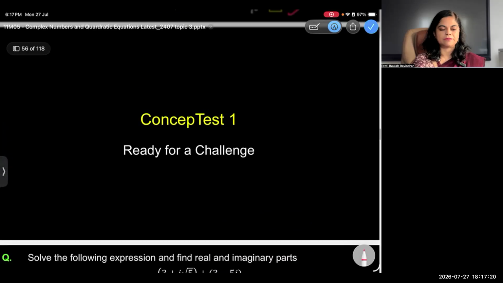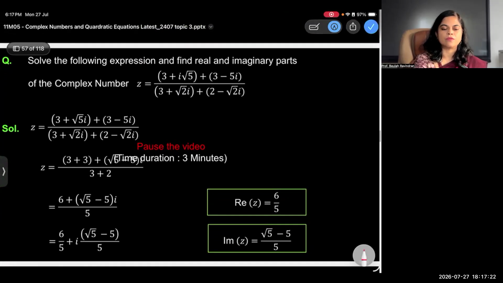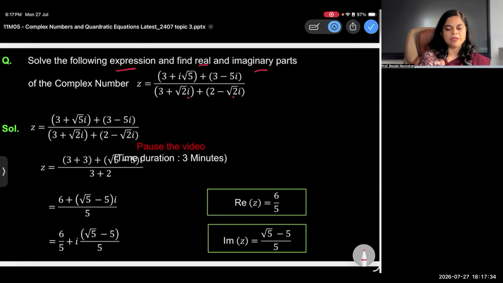Okay. Then here also, solve the following expression and find the real and imaginary parts. Okay, so the upper one is addition, the numerator and denominator are additions. Based on the addition rule, you can add 3 plus 3 is 9, plus root 5i minus 5i.